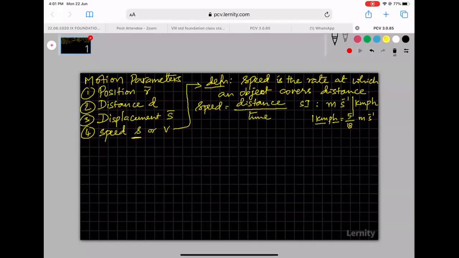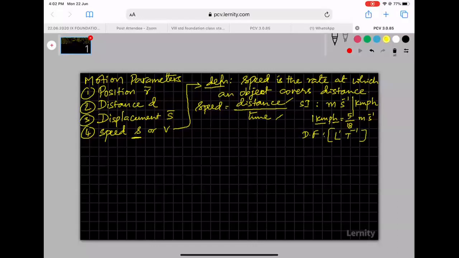So 1 kilometer per hour is 1000 divided by 3600 meters per second, which comes to 5 by 18 meters per second. It's a scalar quantity because it only deals with distance and time, which are both scalar quantities. It is not a fundamental quantity, it's a derived quantity. Its dimensional formula is L power 1 T power minus 1. Anyway, that's basically what speed is.